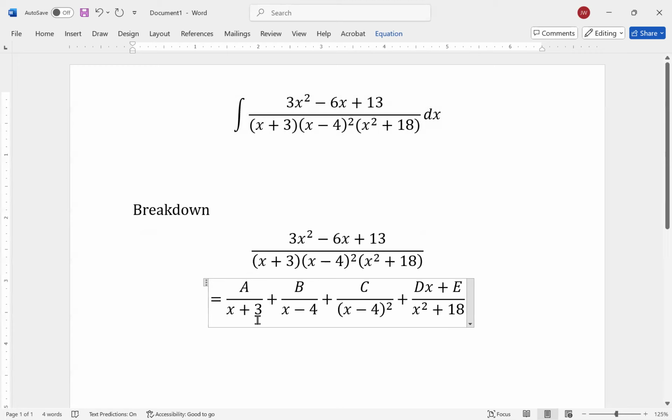Again, a over x plus 3 plus b over x minus 4 plus c over x minus 4 squared plus dx plus e divided by x squared plus 18. That's the entire breakdown. And then you'd have to solve for A, B, C, D, and E. That would be a very cumbersome process. It's very doable. It just takes a while. And then you'd have to integrate each piece individually.